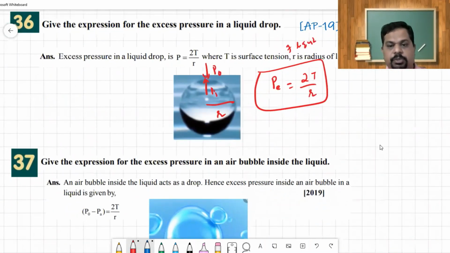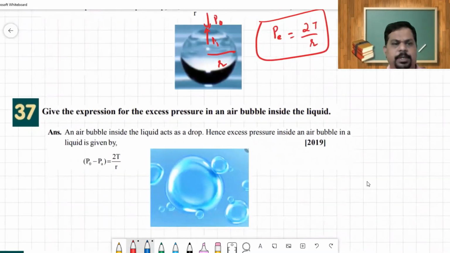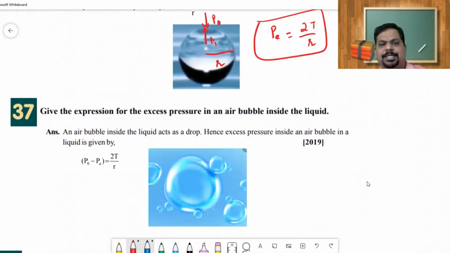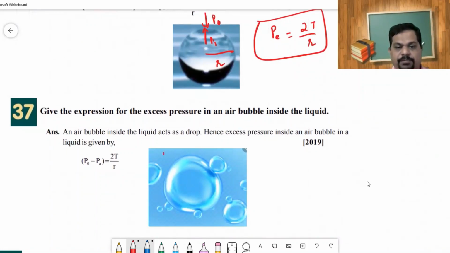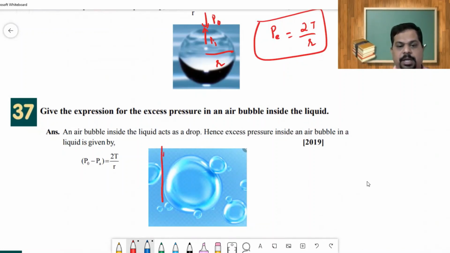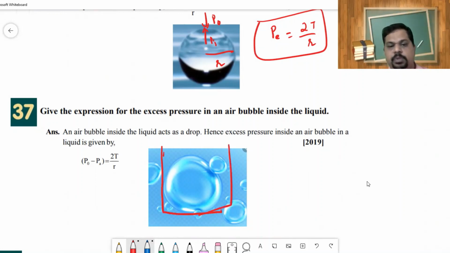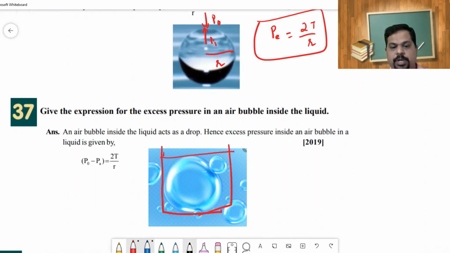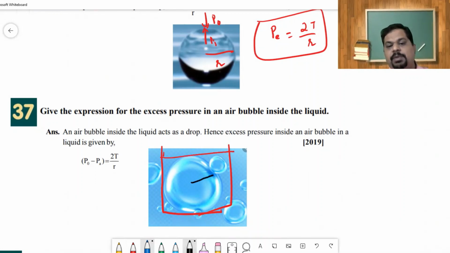Now move on to the next question. These are all three similar questions. Give the expression for the excess pressure inside an air bubble. Generally we find air bubbles inside a liquid. Let us consider one bubble that is formed inside water. An important point you should understand: there is air inside the bubble only.